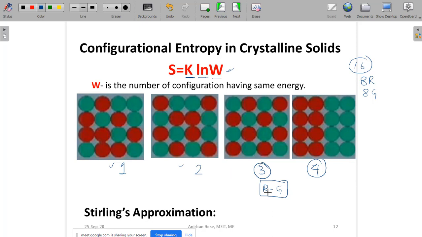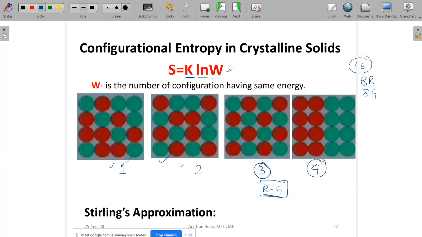So in picture 3 RG is the only bond present, and definitely this is a specific orientation, and the energy content of this material might be different from this general arbitrary orientation.